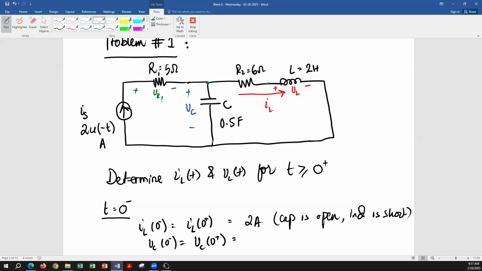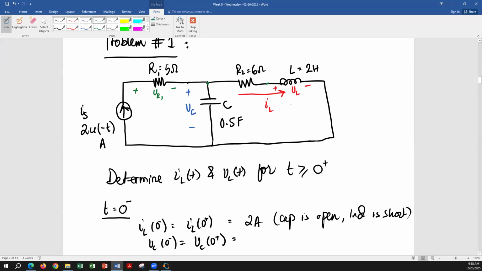It's exactly the voltage across R2. Remember, L is short. So R2 is going to become parallel to VC if L is short. There is no voltage drop across the short, so the voltage drop here is basically the voltage between this node and this node.